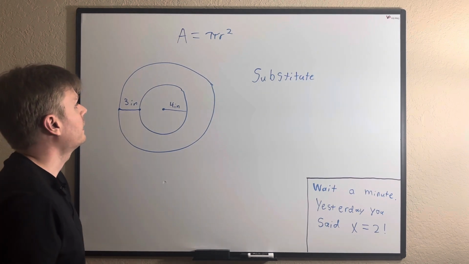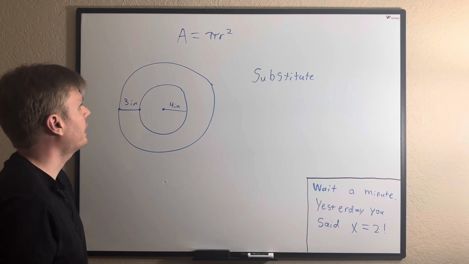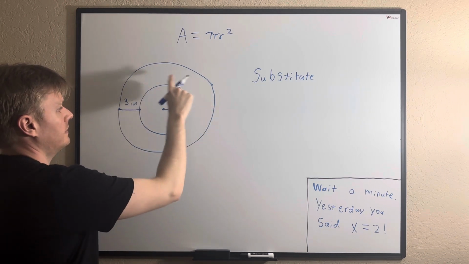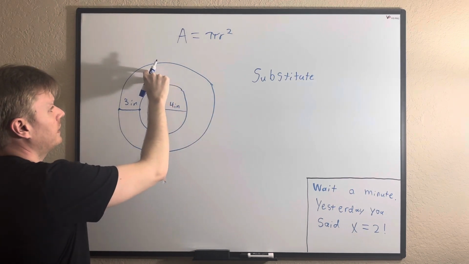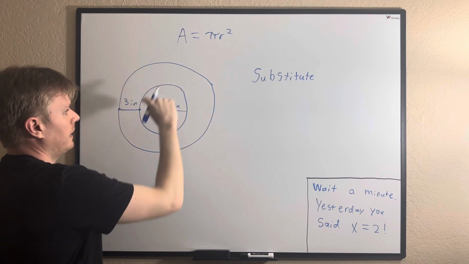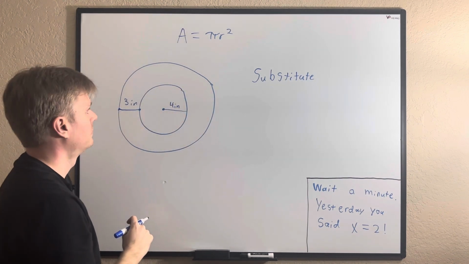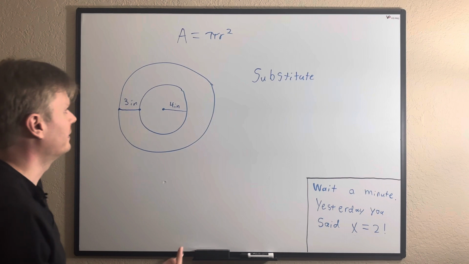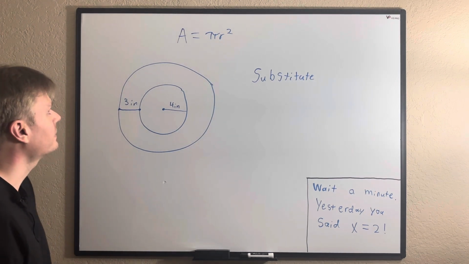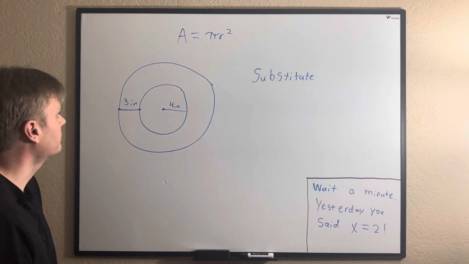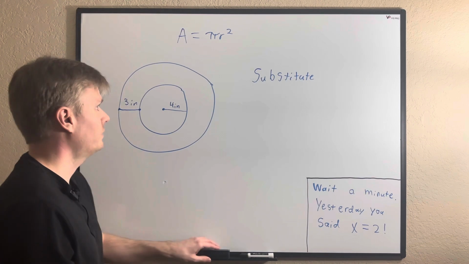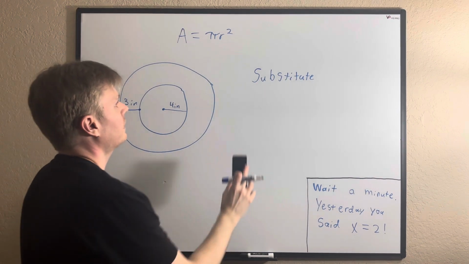And in this problem, they're asking us what the area of the disk is. The disk would be this area between the inner circle and the outer circle. And you're like, well, you didn't give us a formula for the area of a disk. You gave us a formula for the area of a circle. You can use that formula to figure out what the formula is for the area of the disk.